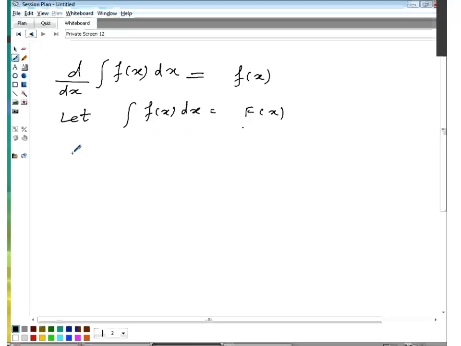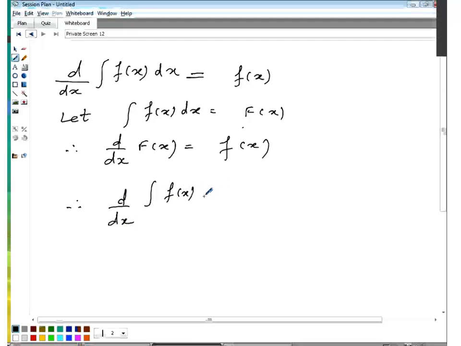So from the definition, this should be valid, but f(x) is this. And therefore, we have this. Any questions? Let me know.